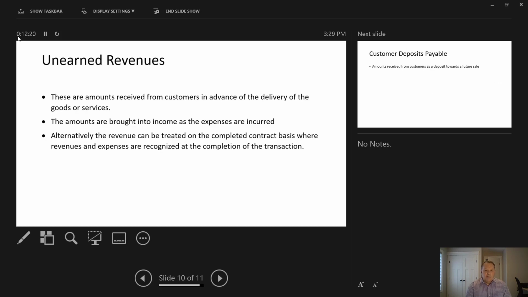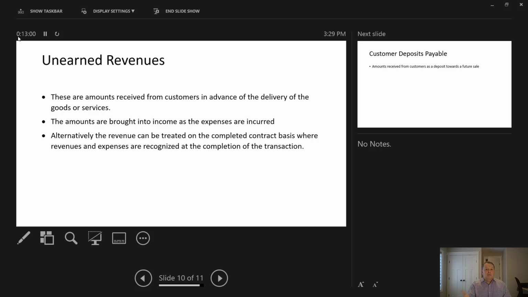Unearned revenues are basically monies that customers have paid in advance for the future delivery of goods or services. So think of this as a payment where a company has signed a contract and says, we'd like you to build us this big piece of equipment, and it's worth $10 million. And you say, that's great, but we're not going to undertake a $10 million project without you putting down some money on this, so we know you're serious.